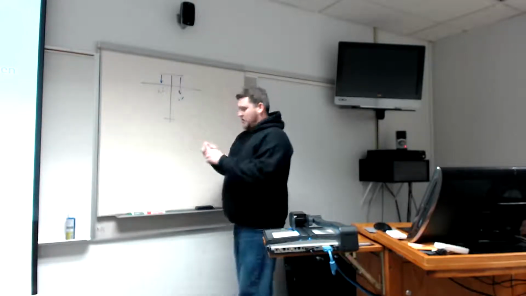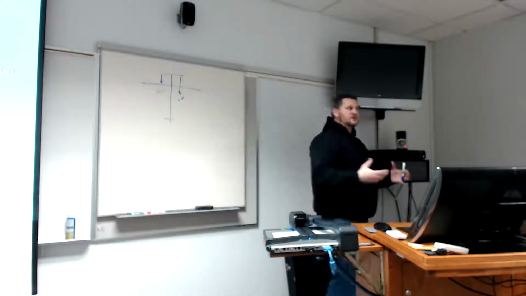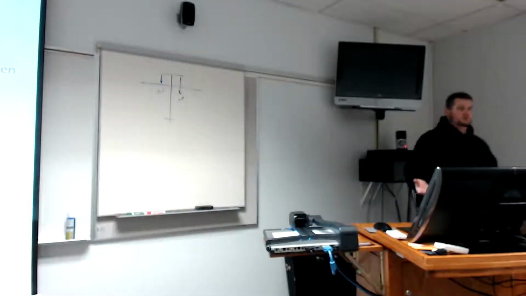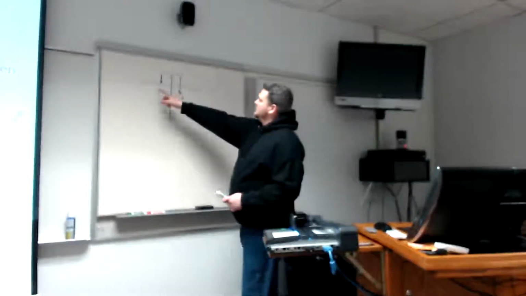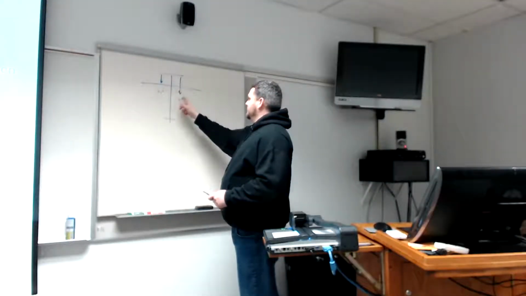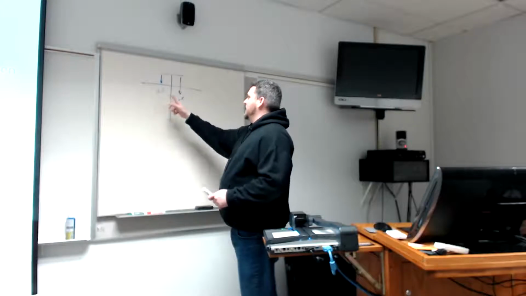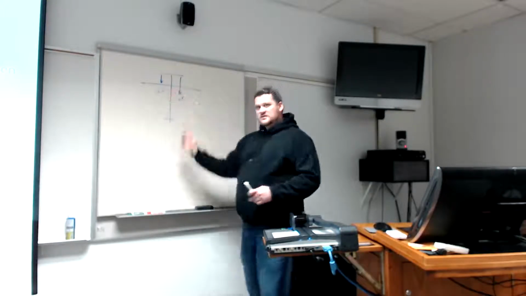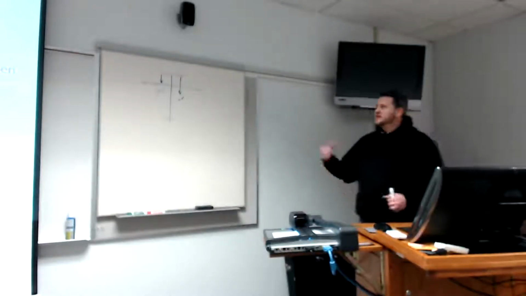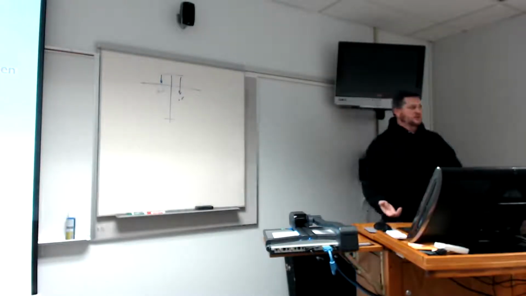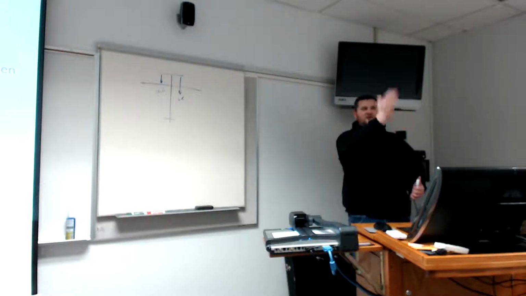So which way does the air want to go? How does it want to equalize? Low to high or high to low? High to low. So that means the air is going to flow in this direction, and it's going to wrap around the airplane as it does that, because the propeller is spinning. How does that affect us? It strikes the tail. Now you can say left or right.